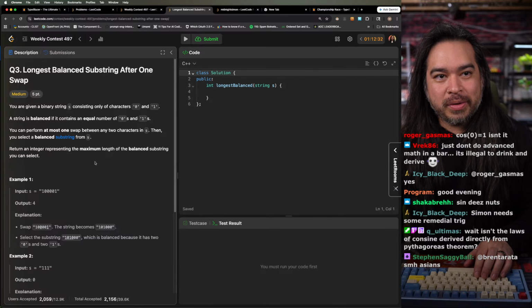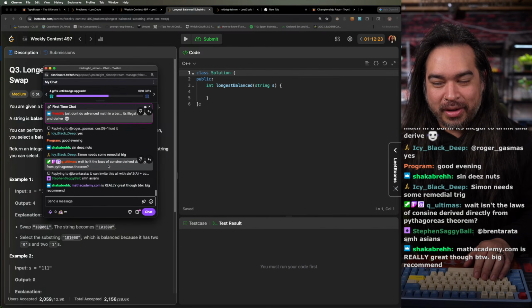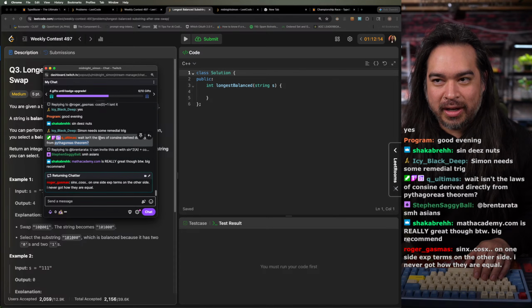Isn't the law of cosines derived directly from Pythagoras' theorem, man? I don't know much about Pythagoras. Wait, Pythagoras was just a squared plus b squared equals c squared guy. And I'm sure he made up some other stuff too.